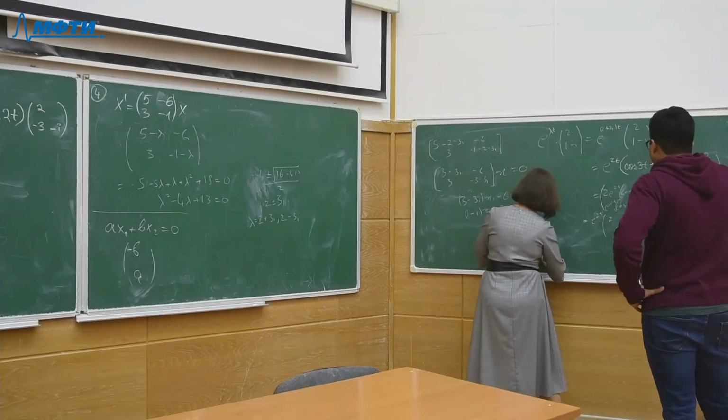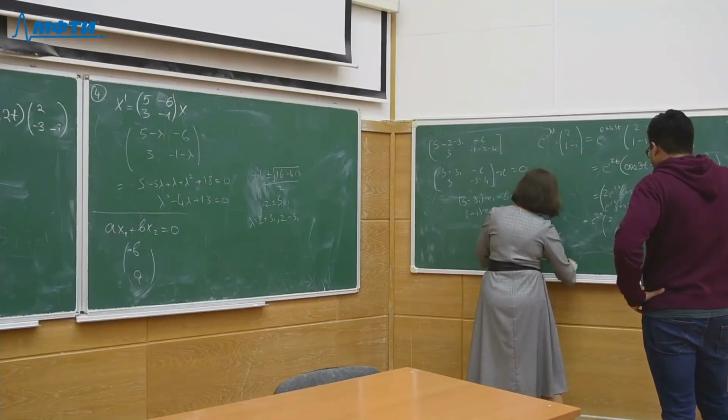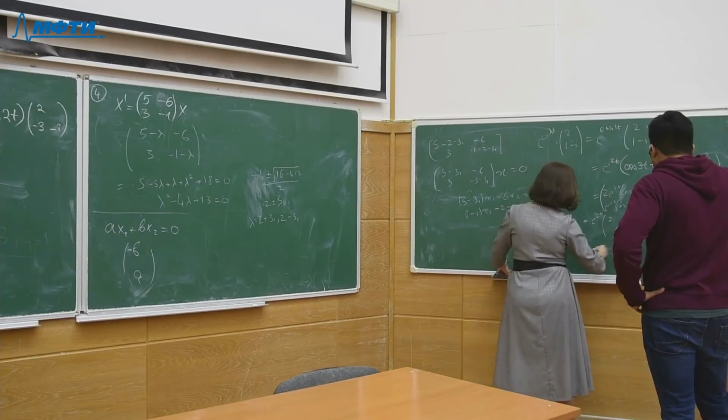Let's write the answer in the form C1 times e to the power 2t times the first vector, which is the real part of this vector.